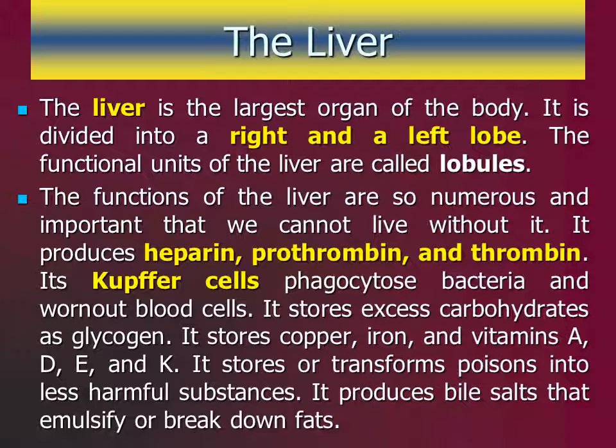The liver stores glycogen, copper, and iron, as well as vitamins A, D, E, and K. 6. The liver produces bile salts that break down fats. These bile salts are sent to the duodenum of the small intestine for the emulsification, breakup, and absorption of fats.